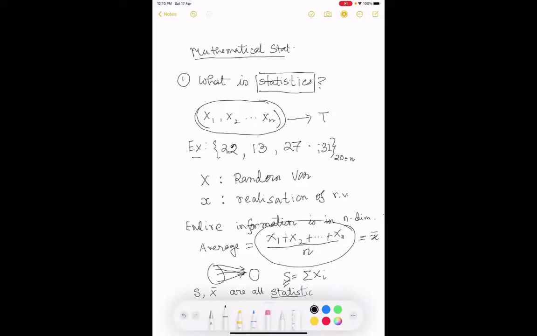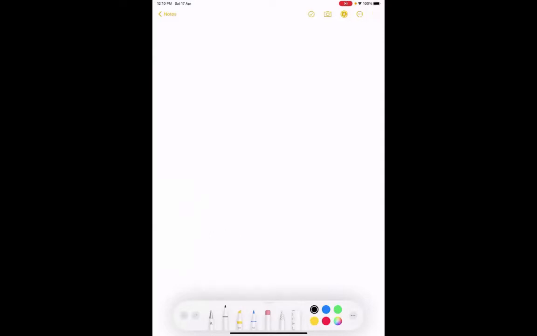These are all statistic. But then there is another concept called estimator. To get to the next, there is another concept called estimator.